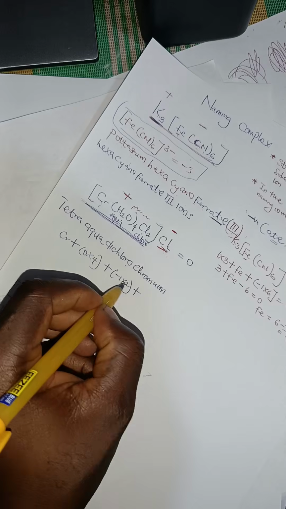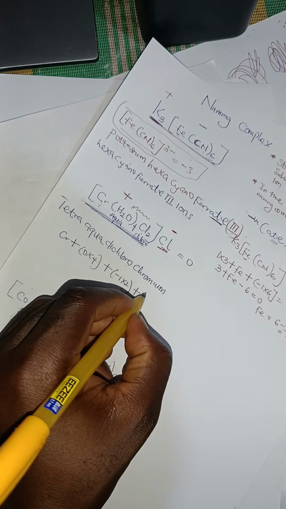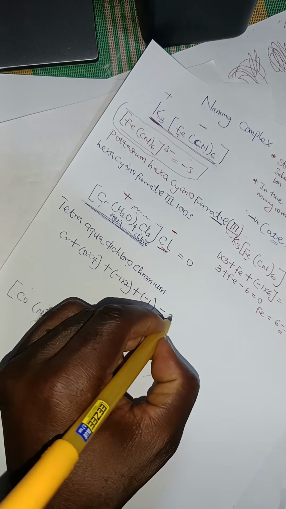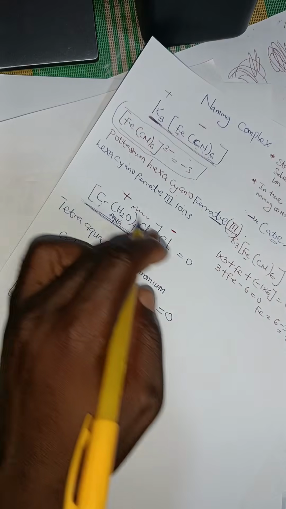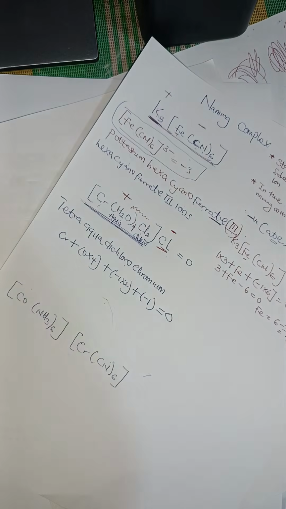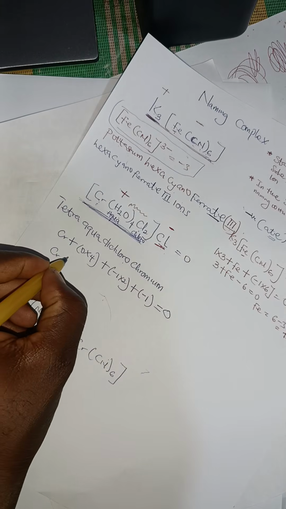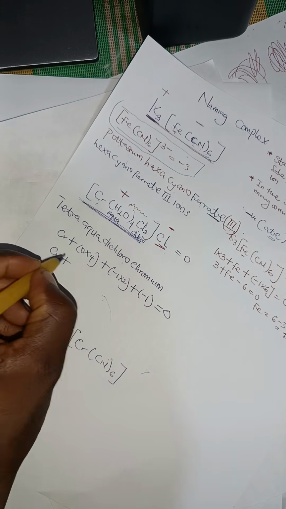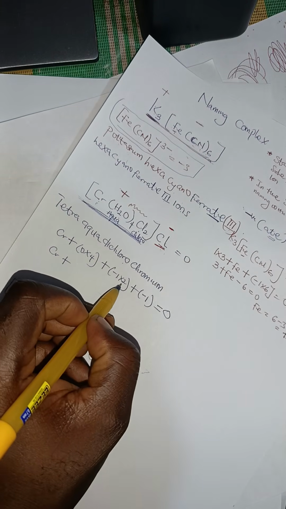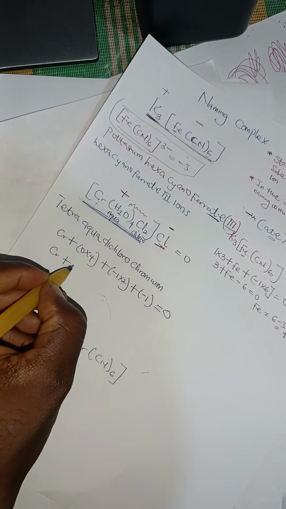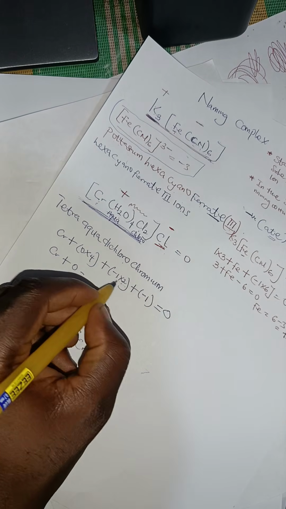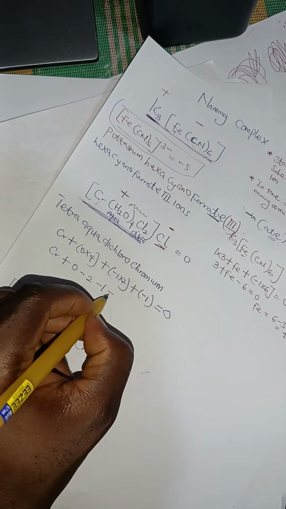Then this chlorine here is what? -1. Everything equals 0 because it's a compound, a coordination compound. When you break it, then it becomes ions. So from here we have Cr, plus 0, plus -1 times 2, plus -1 equals 0.